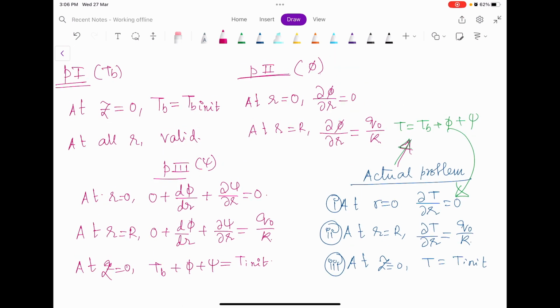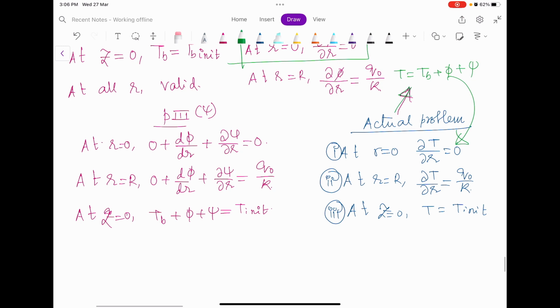So now I have r equal to 0 here, r equal to 0 here for this problem. This is not actually problem 3.